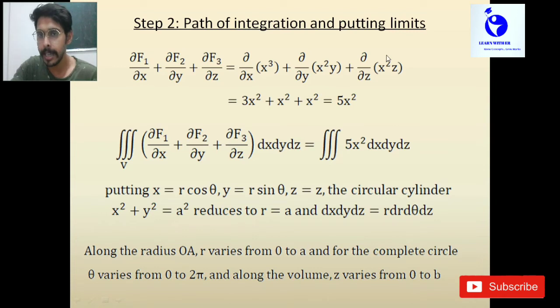Similarly, here x square is put aside and del z of z is 1, so x square again remains. Ultimately the result is 5x square. This is the result of this particular integration. Now we can directly get the volume integral form of this double integration that was given to us. So this is step 1 of this process.